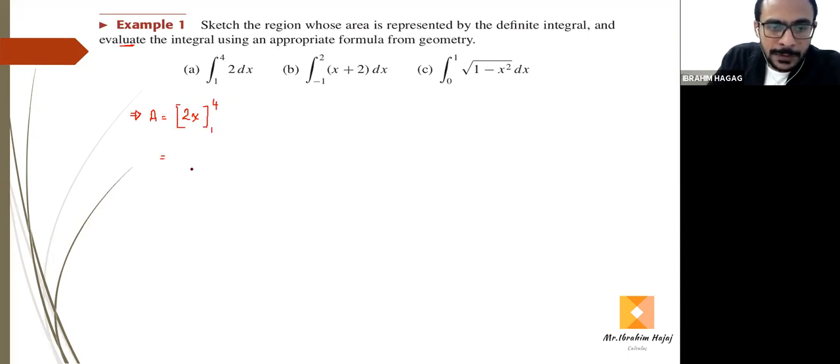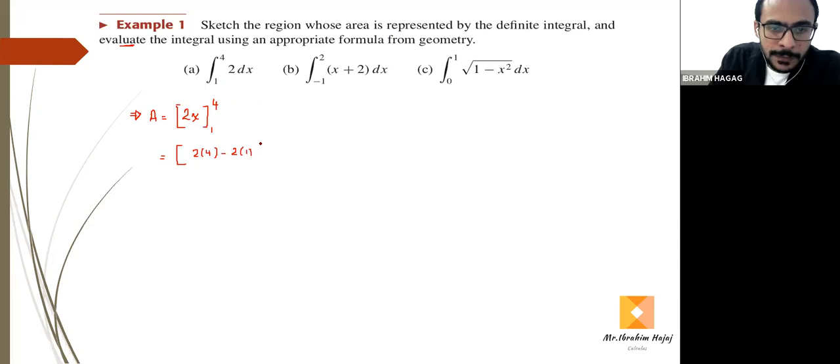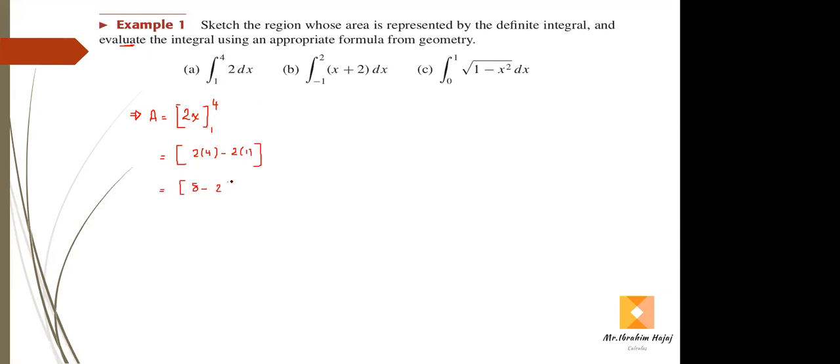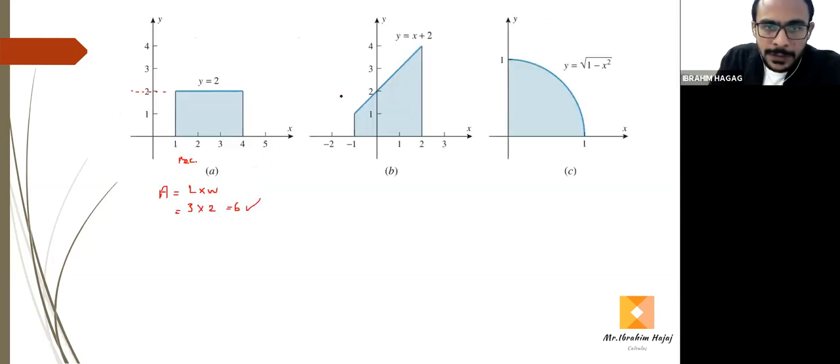Substitute 4 first for x: 2 times 4 minus 2 times 1, which is 8 minus 2, which is 6. So it's the same as the previous answer using geometry, the area of a rectangle.